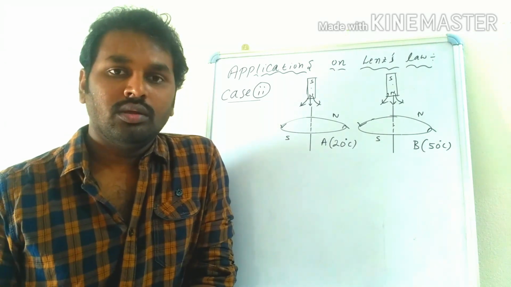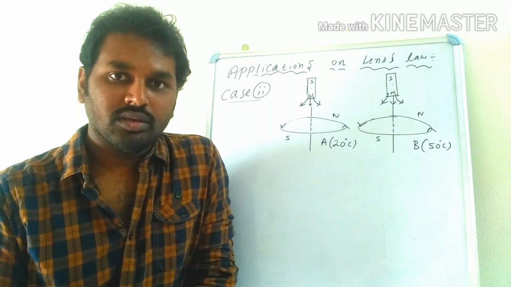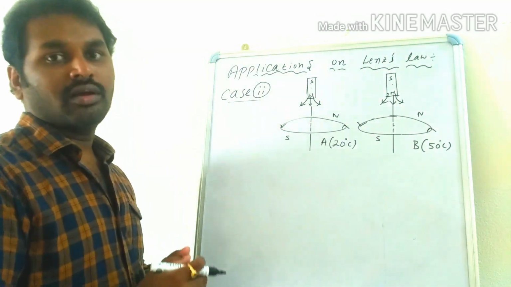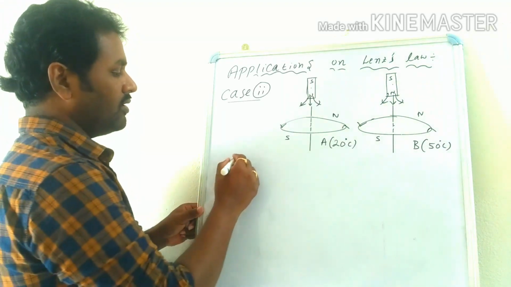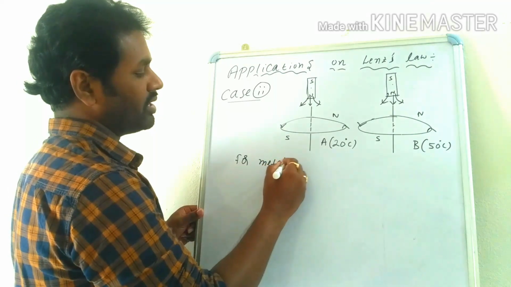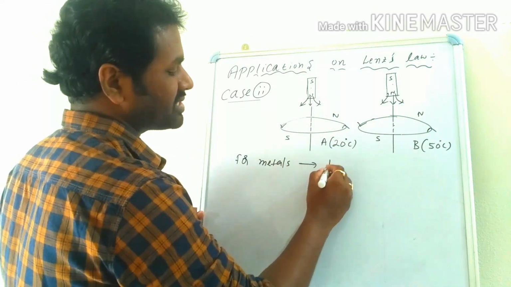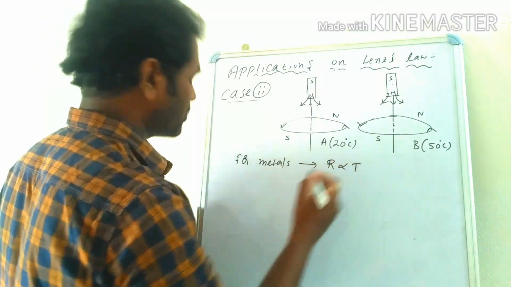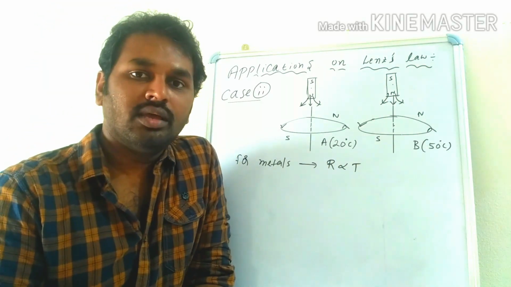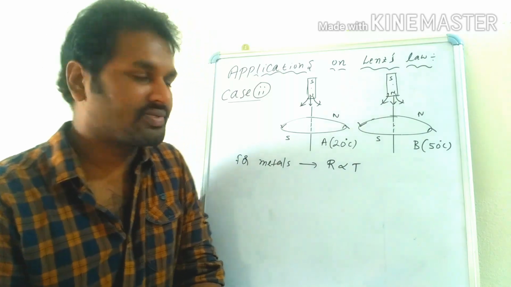We need to take the relation between resistance and temperature. We studied in current electricity that for almost all metals, resistance is proportional to temperature. As the temperature increases for metals, resistance also increases.